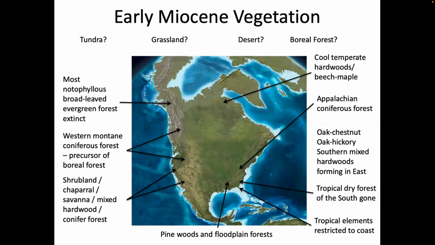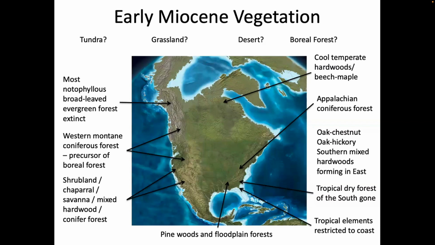Out on the West Coast, lots of variation going on. We don't have to spend too much time, but suffice it to say we have a lot of scrub land like you might see in Southern California, parts of Arizona. We have Western coniferous forests like lodgepole pine forests that are so prevalent in parts of the Rockies today.